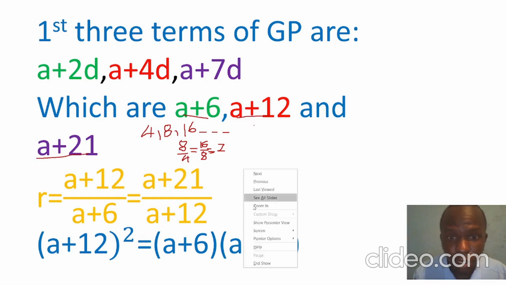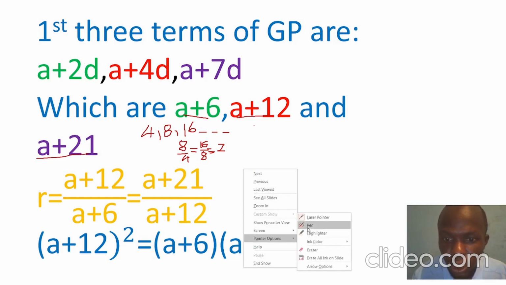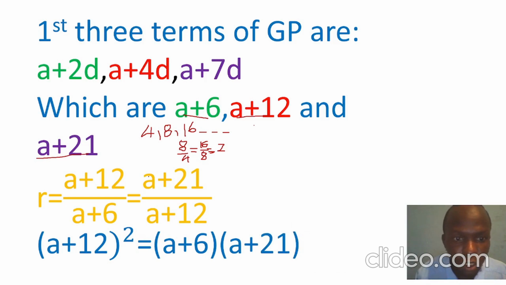And then doing the cross multiplication, this expression is simplified further in this way, and this gives rise to a quadratic equation. So let us see how it is solved.